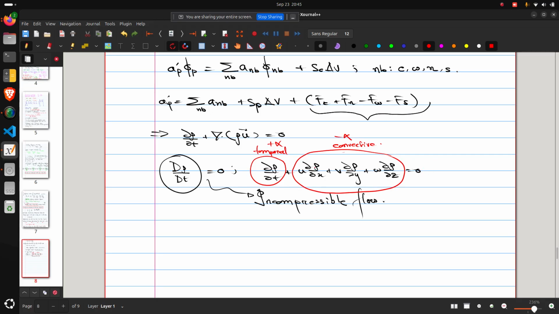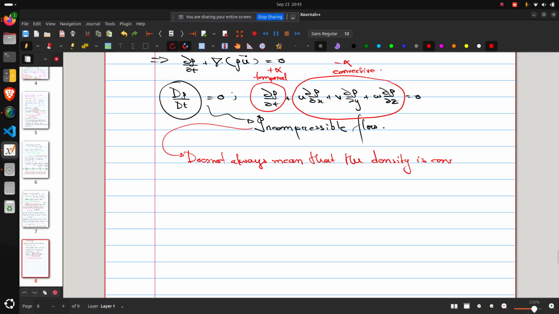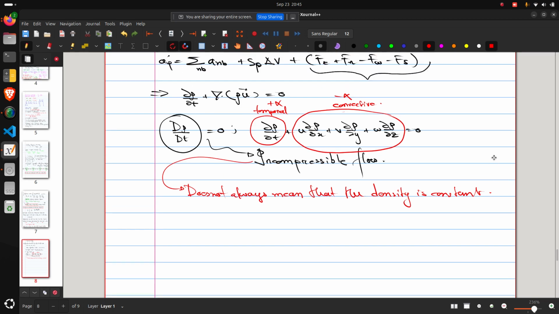It does not mean that rho is constant. So incompressible flow does not always mean that the density is constant, right. We can have a spatially as well as temporally varying density field, which can result in an incompressible flow, right.